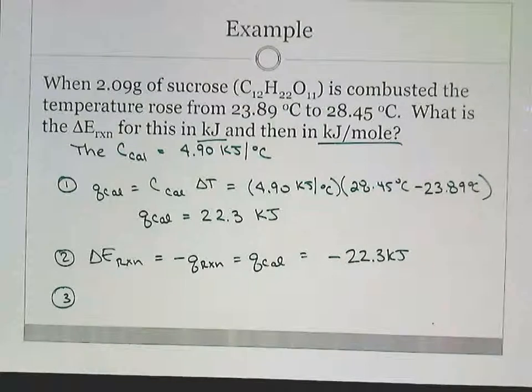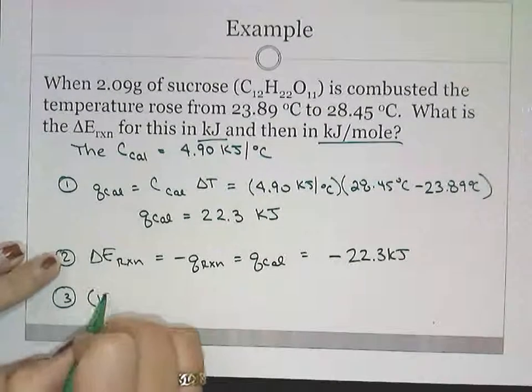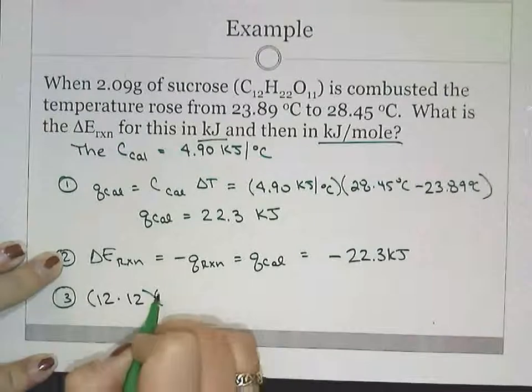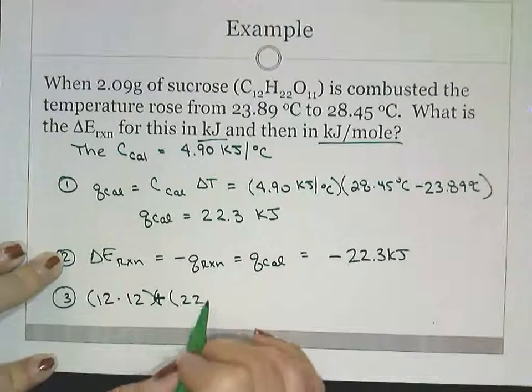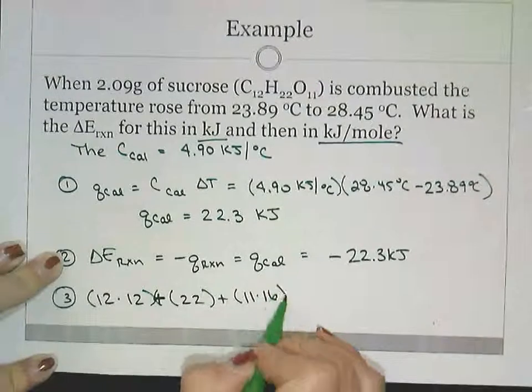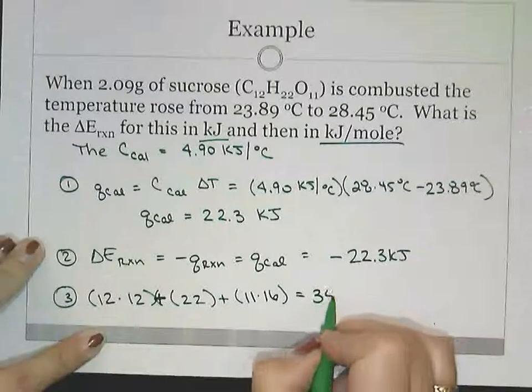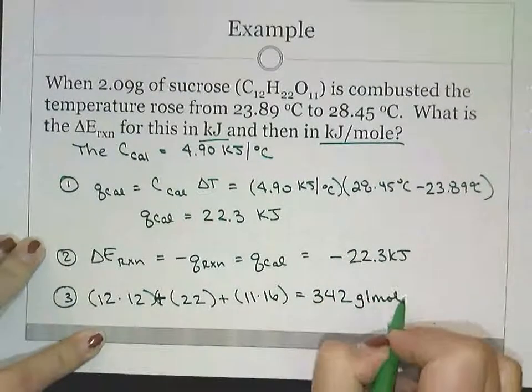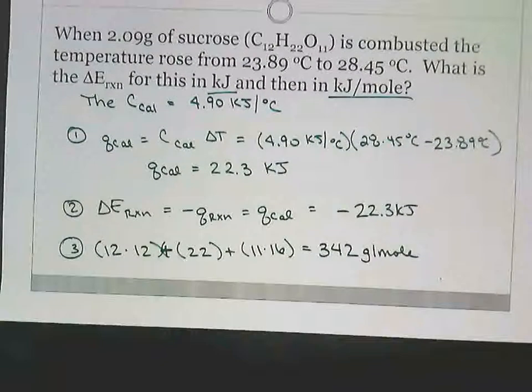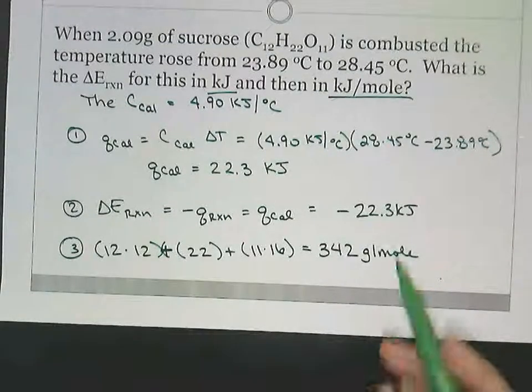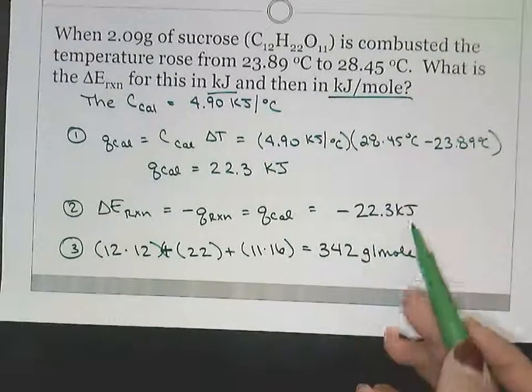It'd be 12 times 12 plus 22 plus 11 times 16, whatever that is, 144 plus 22 plus 11 times 16. Now I have kilojoules and I have grams per mole, but I want kilojoules per mole. So what do I have to do to get in between that?